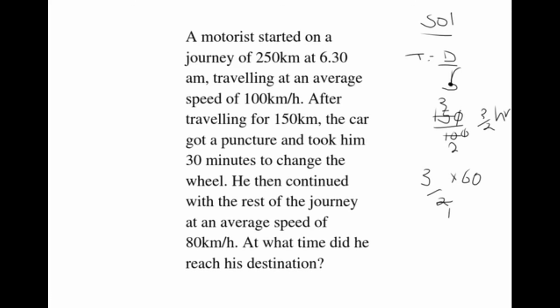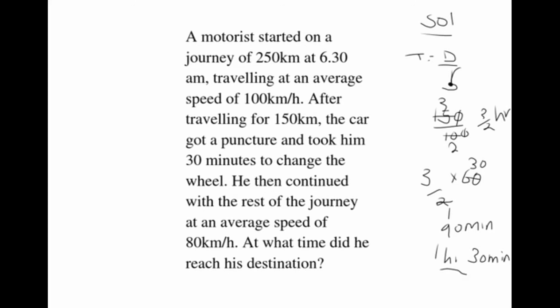By 2, 1. 60 divided by 2, 30. 3 times 30, 90 minutes. So 3 over 2 hours is equivalent to 90 minutes. 90 minutes, we know 1 hour is 60 minutes. This is 1 hour, 30 minutes.